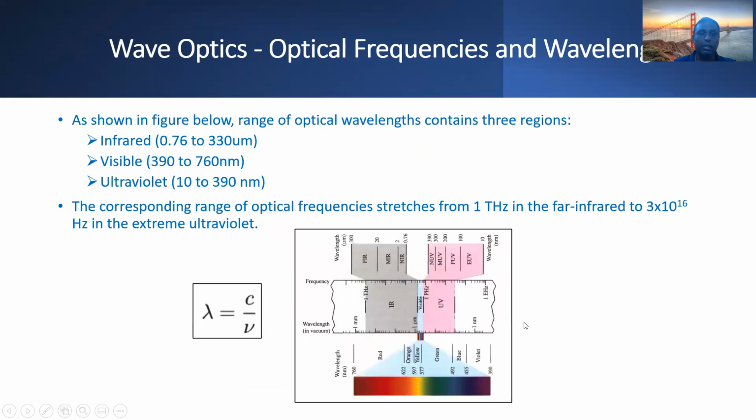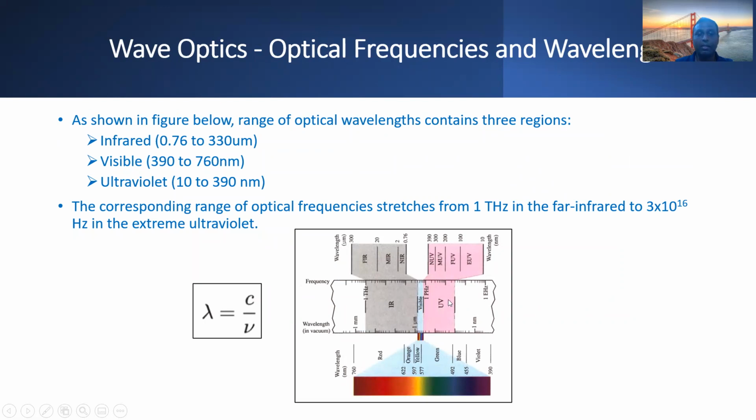Next is optical frequency and wavelength, as shown in the figure below. The range of optical wavelength contains 3 regions. One is infrared, which starts from 0.76 to 330 micrometers. Then the visible region in the center, which takes from 390 to 760 nanometers.